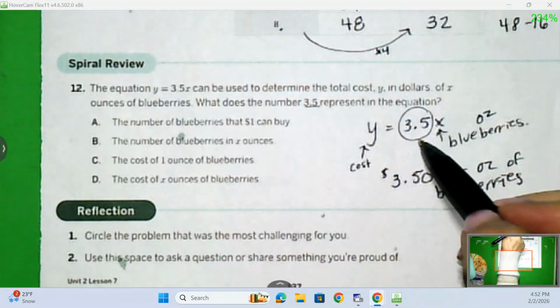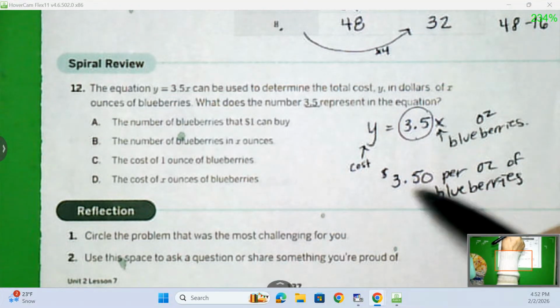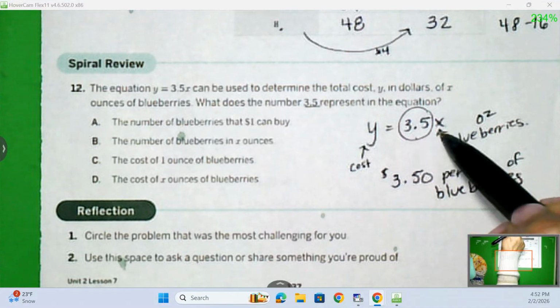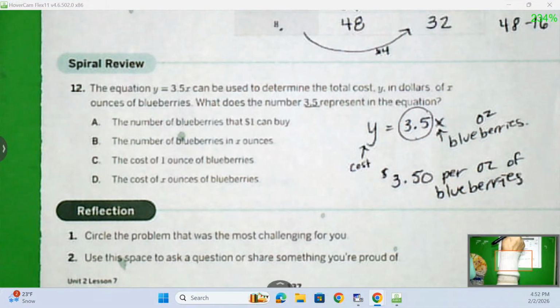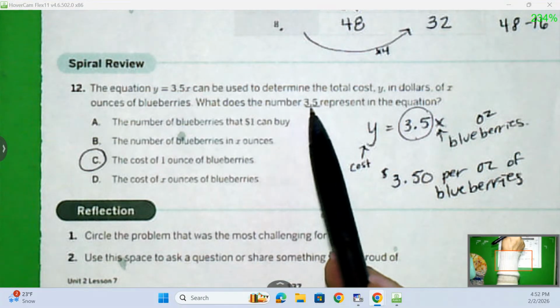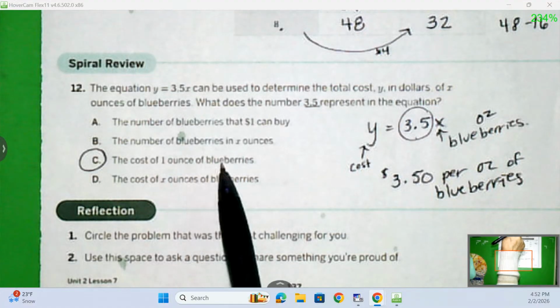Because we multiply the price per ounce. So if you buy 1 ounce, that's $3.50. If you buy 2 ounces, then that's going to be 2 times the $3.50 for $7 and so on. So the correct answer there is C. Because if you're saying just the 3.5, you're saying the price for 1 ounce.